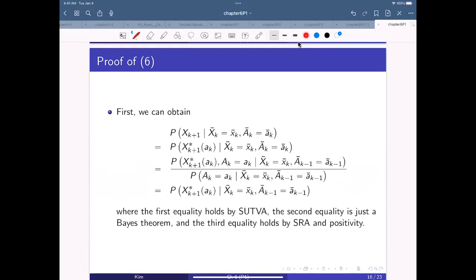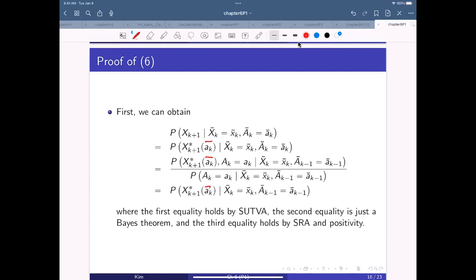The second equality is just the Bayes theorem. The second one should be A bar, right? No, this one is A bar, but this one is single AK, in the second equation, X star k plus 1, A bar k. I see, you're right. Thank you.